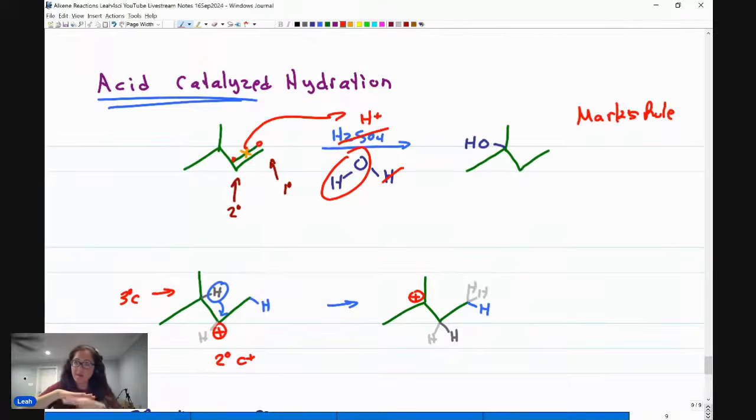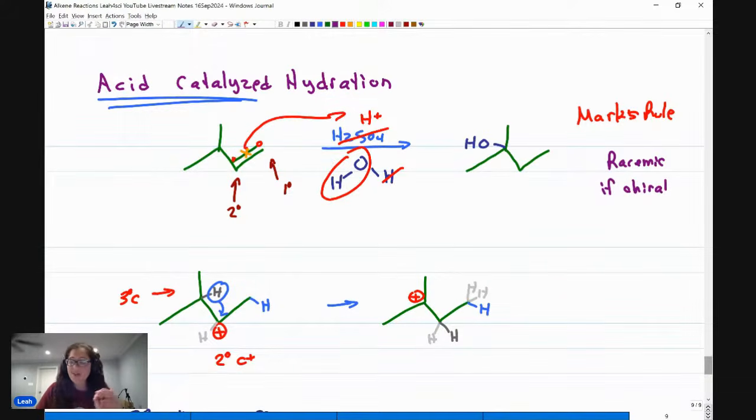It's sp2 hybridized, it's flat. But if my product was chiral, it would be racemic. In this case, it's not. But if it is, you do want to keep in mind racemic if chiral, because you can add to the top and to the bottom. So one of them would give you R and the other one would give you S.